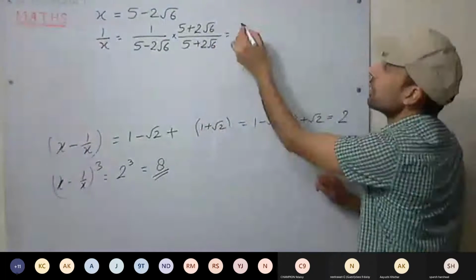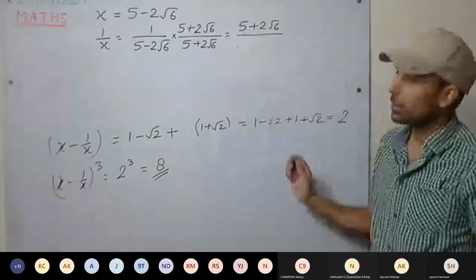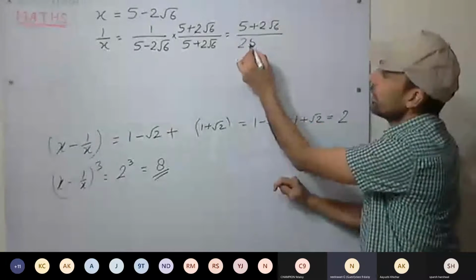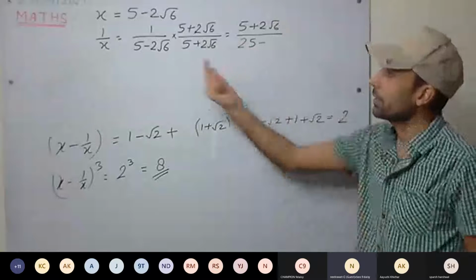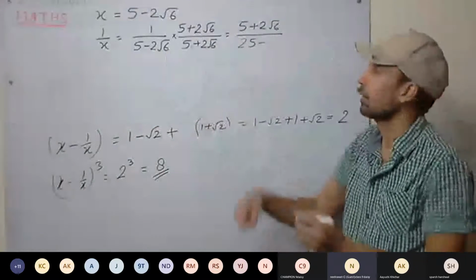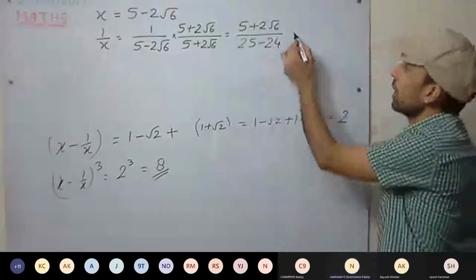Okay. 5 plus 2 root 6 divided by how much will it be? 25 minus 2 root 6 square. So 4 into 6. Understood this one? Yes, sir.